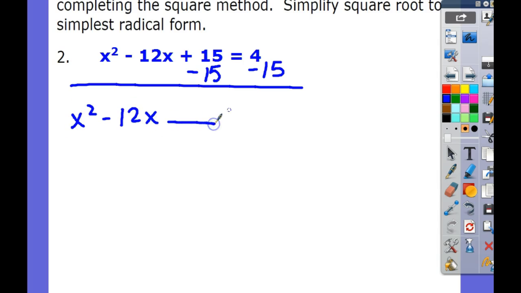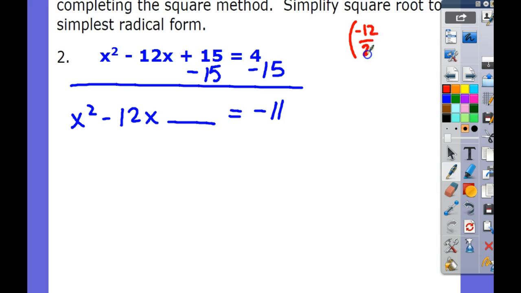Now I'm going to leave a space here, and that's going to equal negative 11. This space that I skipped is so that I can force it to be in this perfect square pattern.